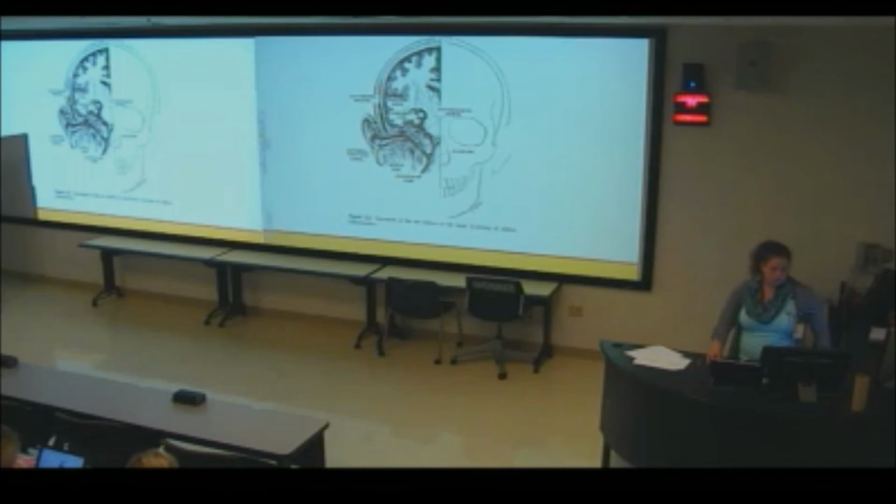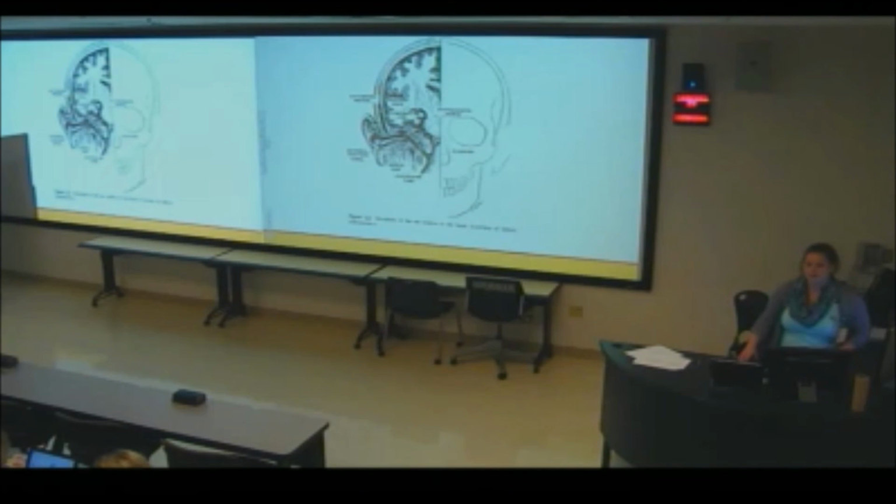The external portion is right here. The internal portion is over here, and the internal auditory canal is where the auditory nerve leaves the cochlea, travels through the internal auditory canal, and goes up to the brainstem. That's why it's important that you differentiate between the two, especially when talking about sound propagation.